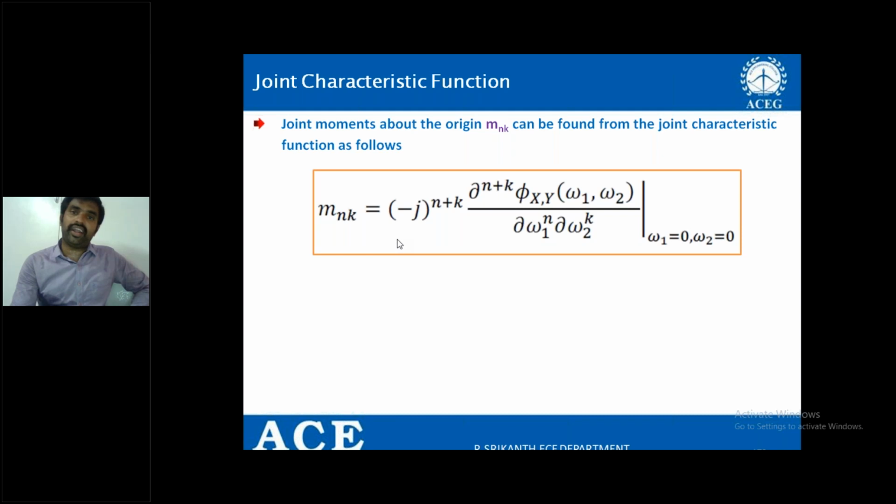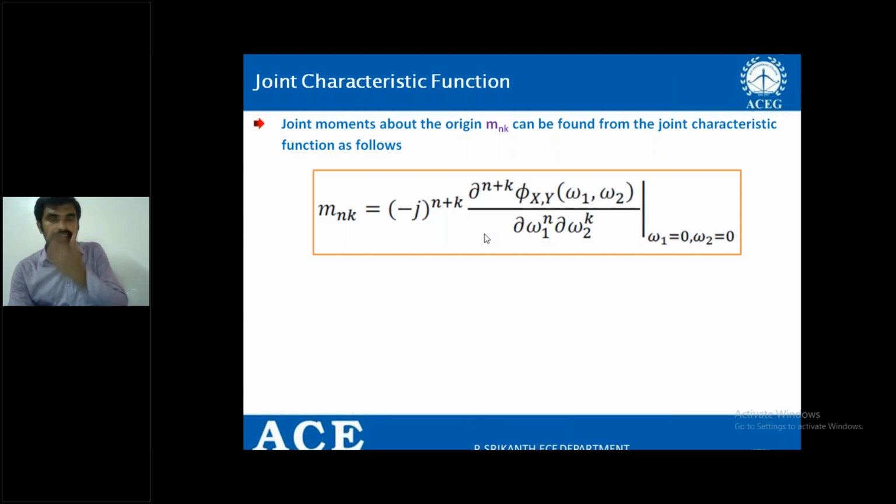As we have already derived in the single random variable case, the definition for the moment in terms of the characteristic function, I am not giving the proof for this here, and you can derive it in a similar way.